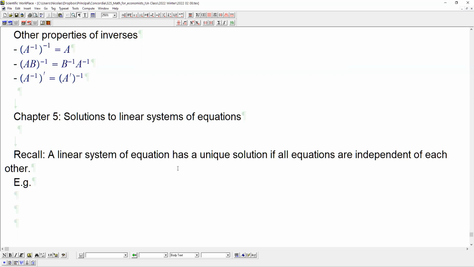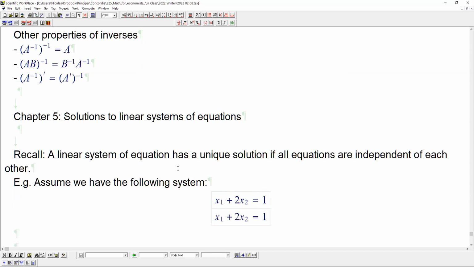For instance, assume we have the following system: x1 plus 2x2 equals 1. And then I'm lazy and I don't even care about finding some other line. I just multiply everything by 2.